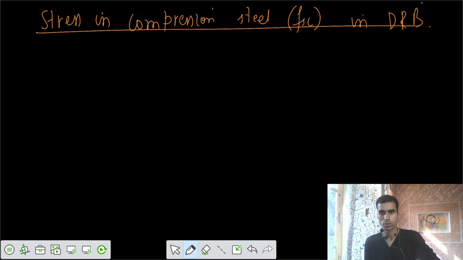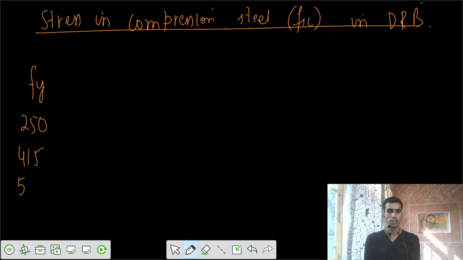Then we say we have different grades of steel. Let's say your Fy is 250 megapascals, 415 megapascals, 500 megapascals. You can also have 550 megapascals.